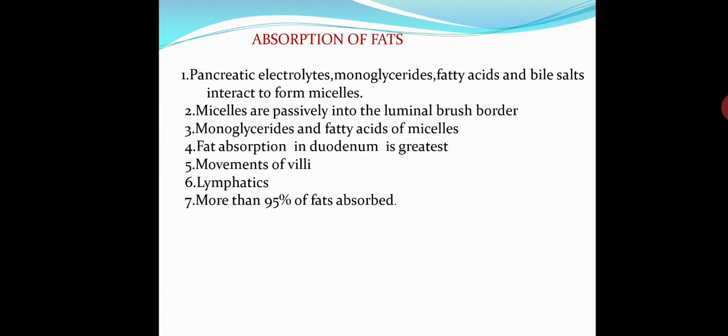Thus, micellar formation further stabilizes the lipids and provides a mechanism for their transport into the intestinal cells. Micelles themselves are passively absorbed along their concentration gradient into the luminal brush border, where the bile salts are detached to return to the intestinal lumen, finally to be actively reabsorbed more distally in the ileum.